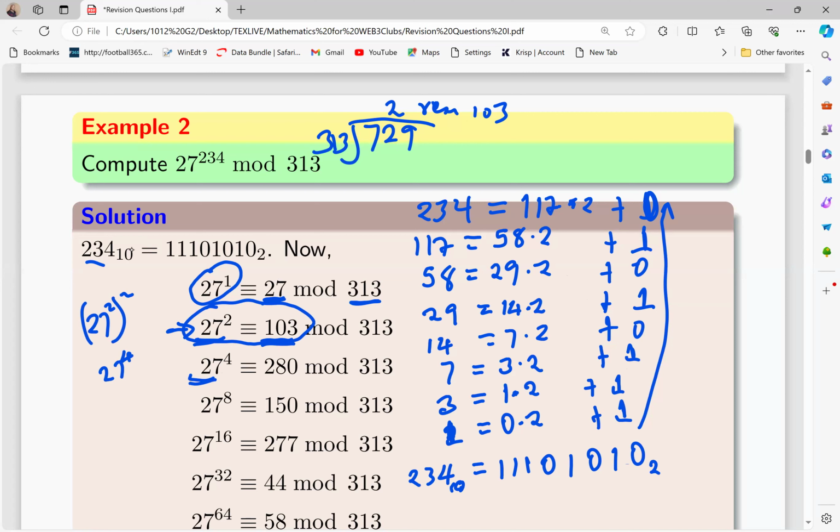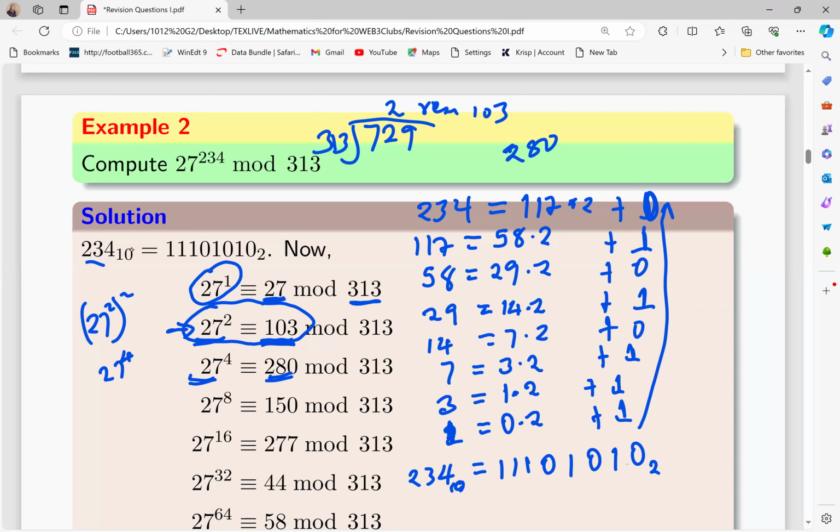So again, square this 103 and divide by 313 and see what the remainder is. The remainder is 280. That's what we have here.